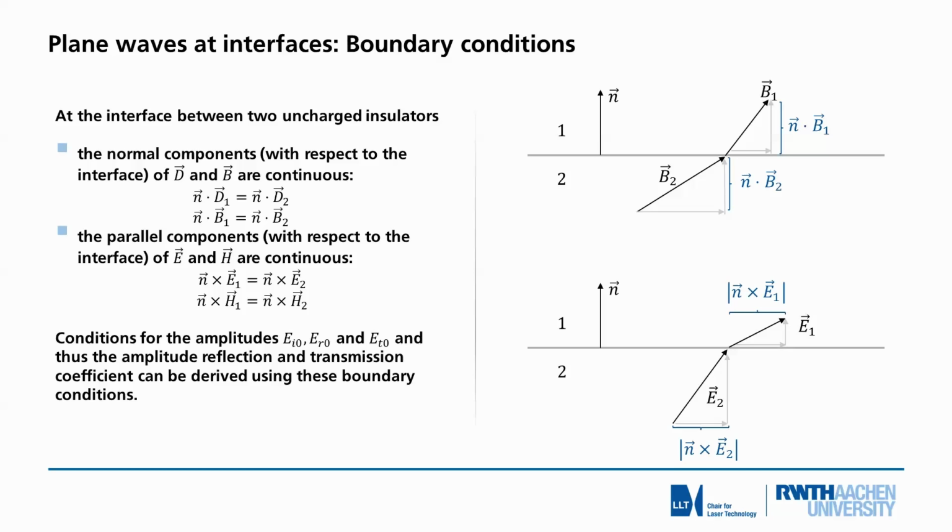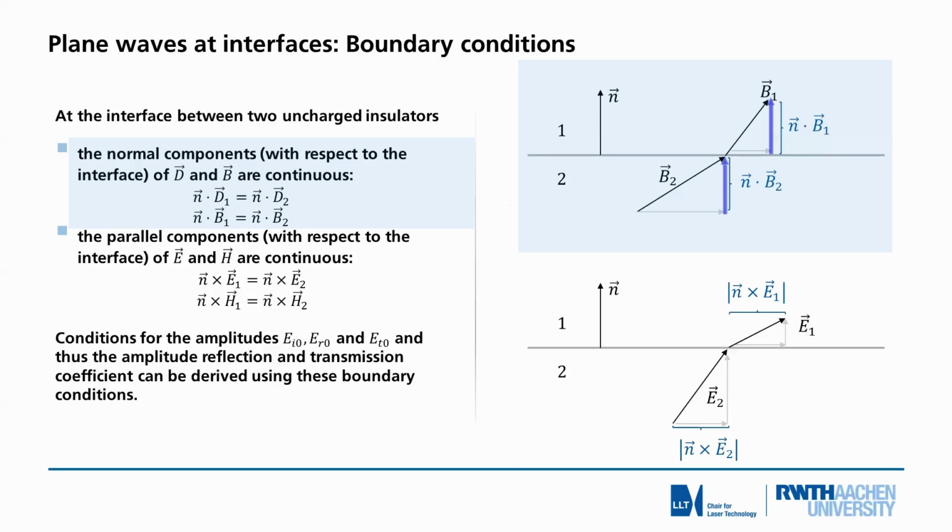By looking at the magnetic field, we find that the dielectric displacement and the magnetic field are continuous, and that means that the vertical components, the components perpendicular to the surface, so in other words, in the direction of the surface vector n, are the same before and after entering the medium.